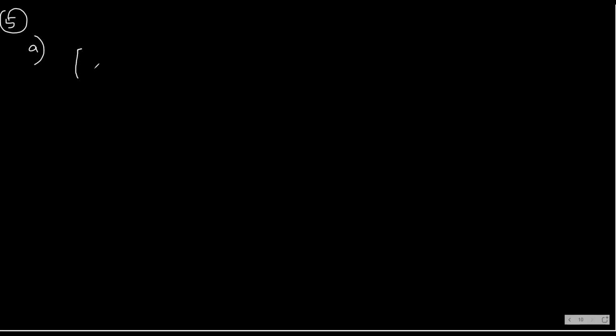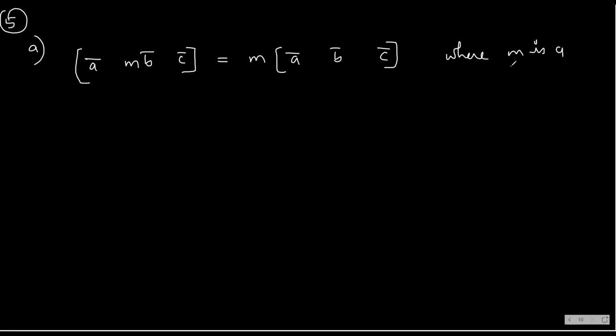If I have [a bar, m b bar, c bar], it is equal to m times [a bar, b bar, c bar], where m is a scalar, where m is a number. Remember that.